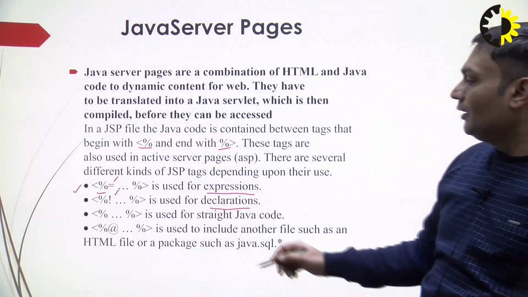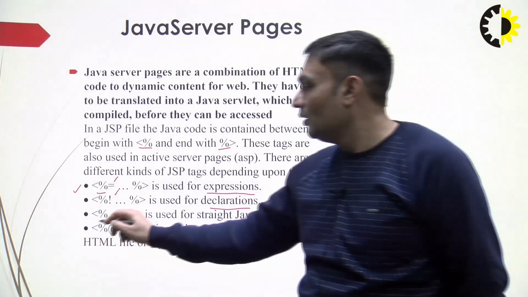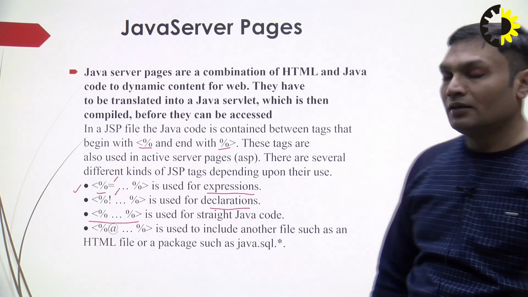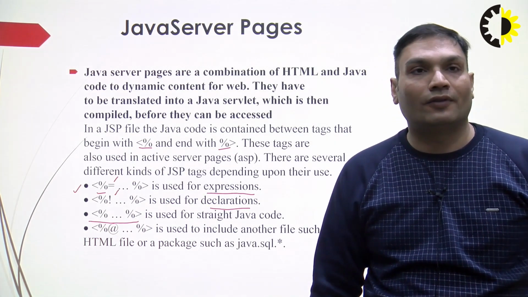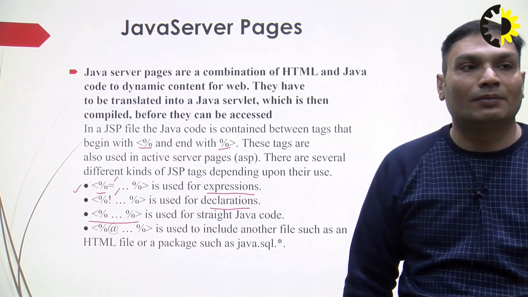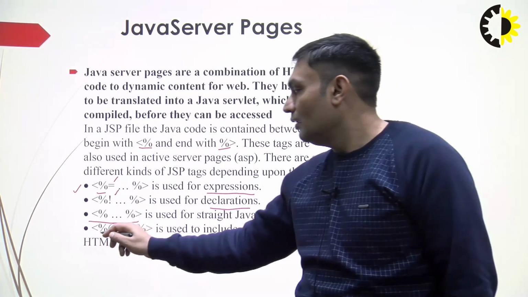And if we are writing straight Java code, then we can use this tag. And if we are using some external file, or we are including some other file that may be either a package or an HTML file, we can use this one.